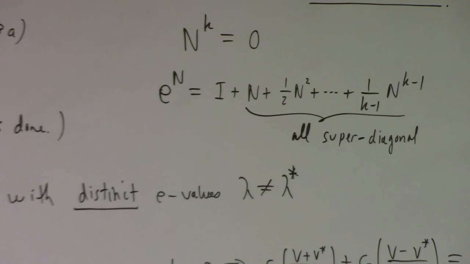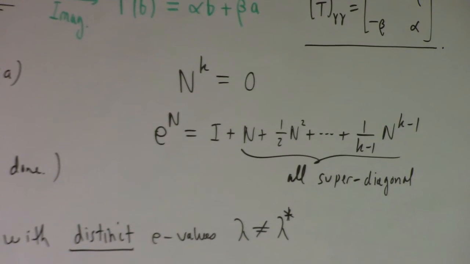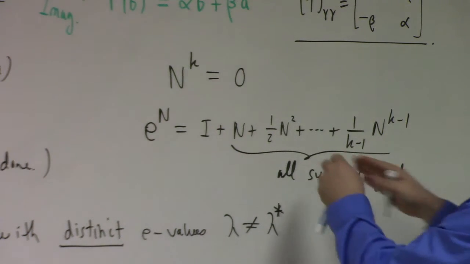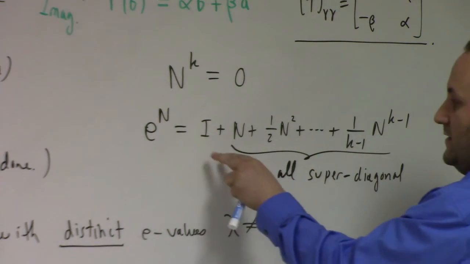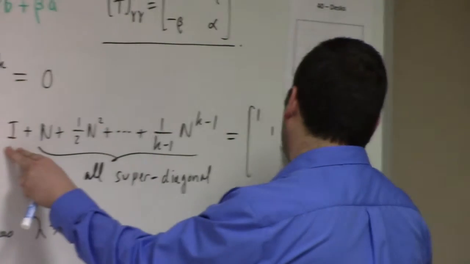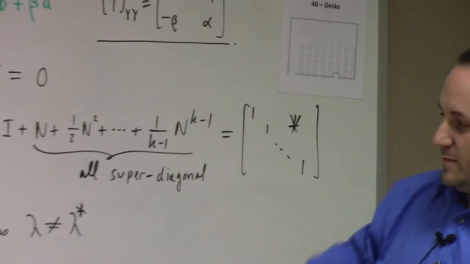So powers just move the superdiagonal up until you finally get to the one in the upper right-hand corner, and then that goes off the chart, and then you're at 0. That's how the powers of these N work. So this is all superdiagonal stuff. In other words, this matrix looks like 1s down the diagonal, and then stuff up here. So the determinant of e to the N is 1.